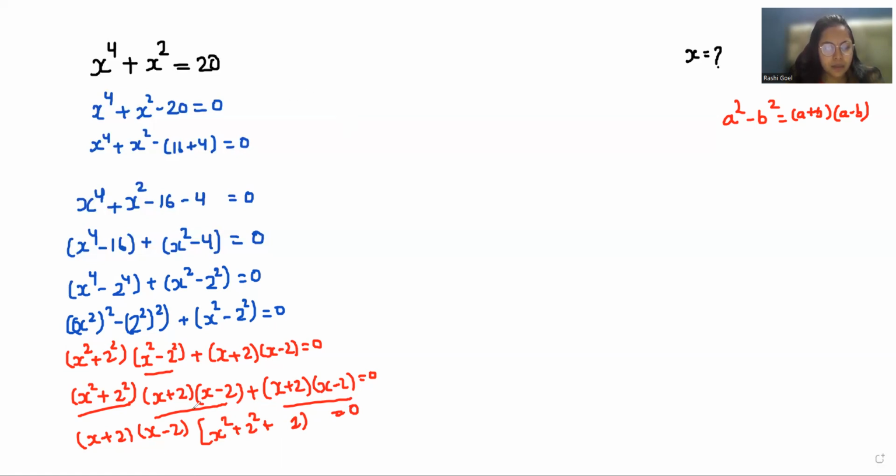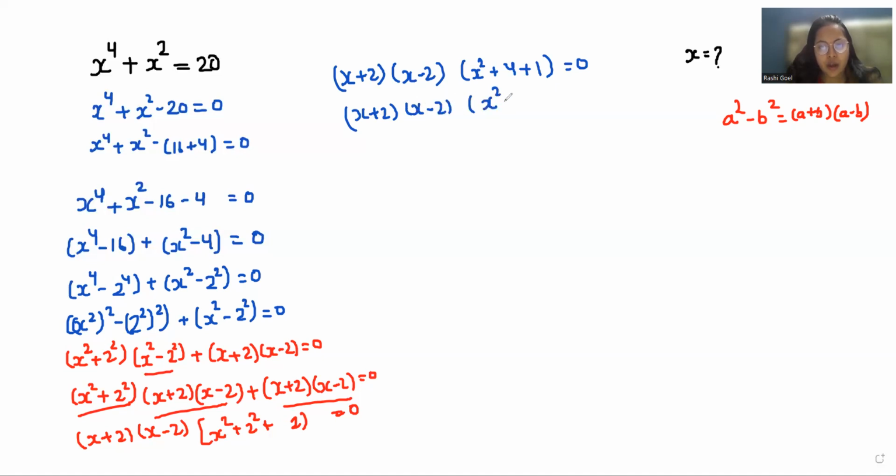So here x plus 2 times x minus 2 and x square plus 4 plus 1 is equals to 0. So x plus 2 times x minus 2, and this is x square plus 5 is equals to 0.